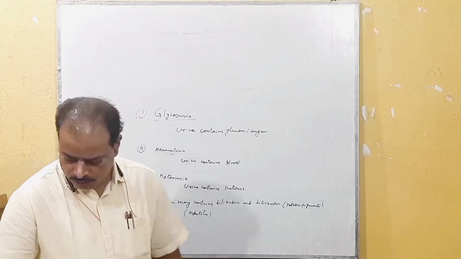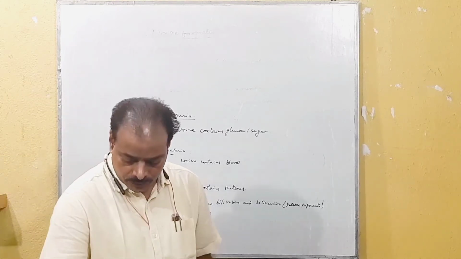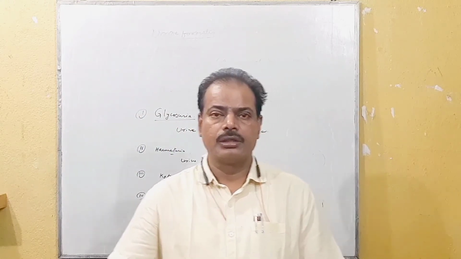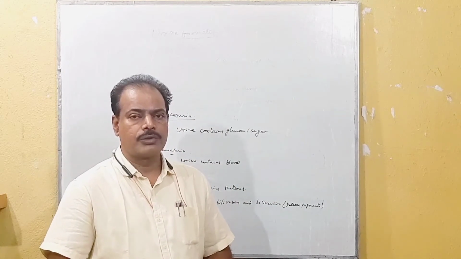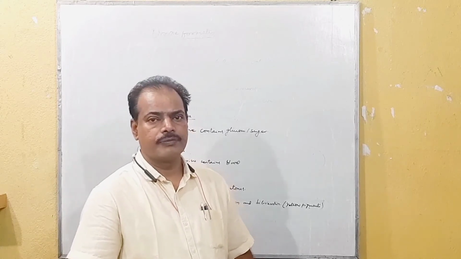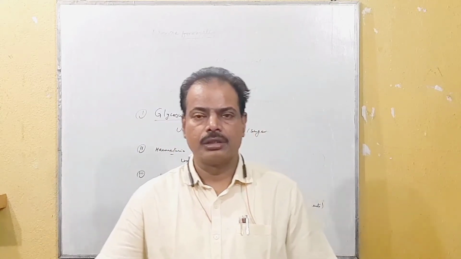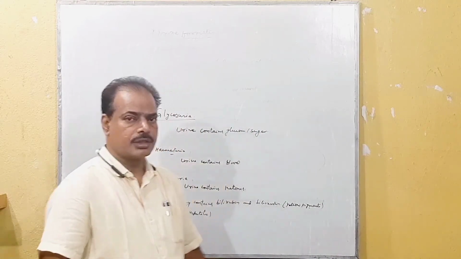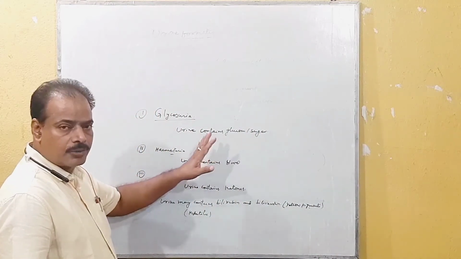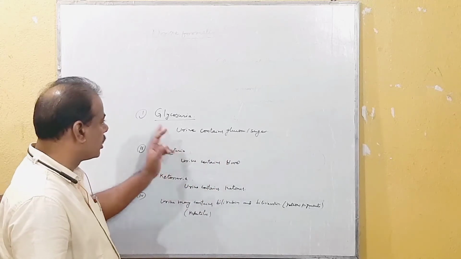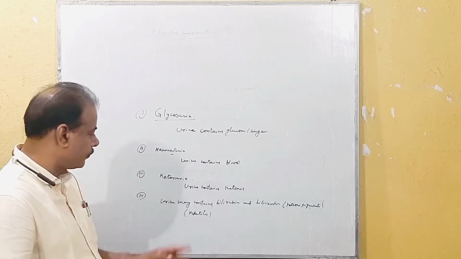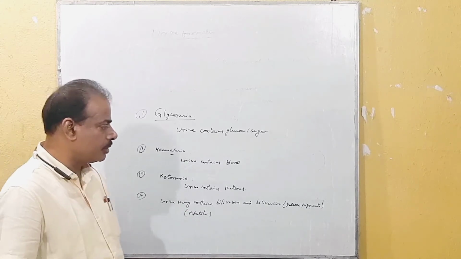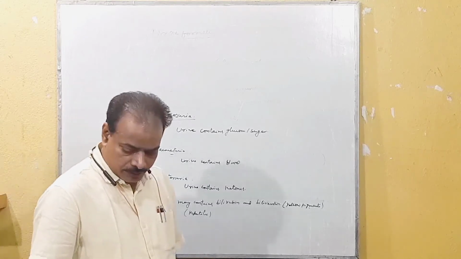In this way, we have studied the functions of kidneys, which are number one urine formation, number two osmoregulation, and number three homeostasis, and also the conditions in which different abnormal substances may be present: glycosuria, hematuria, ketonuria, and sometimes in hepatitis, urine may contain bilirubin and biliverdin, which are yellow pigments.